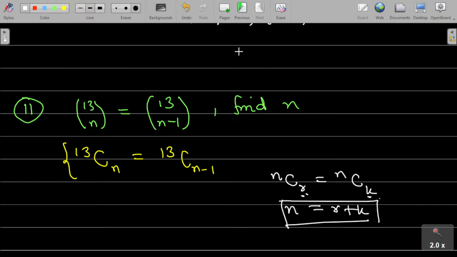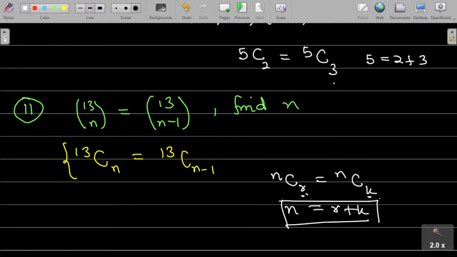If you have, let's say, 5 combination 2, and it is equal to 5 combination 3, of course, this is true. This is actually true, because from here you will see that 5 is equal to 2 plus 3.